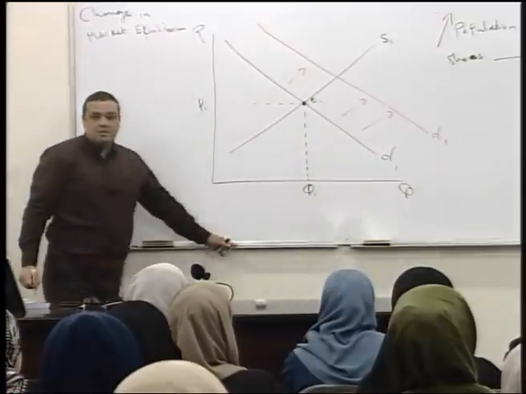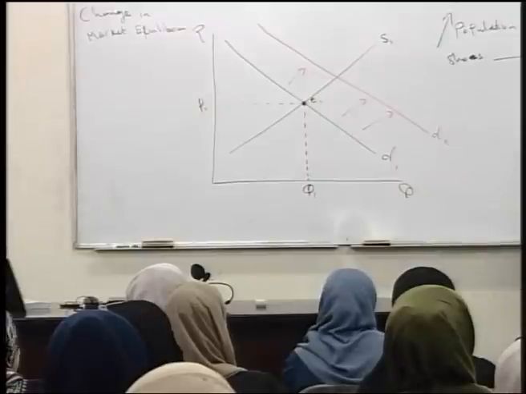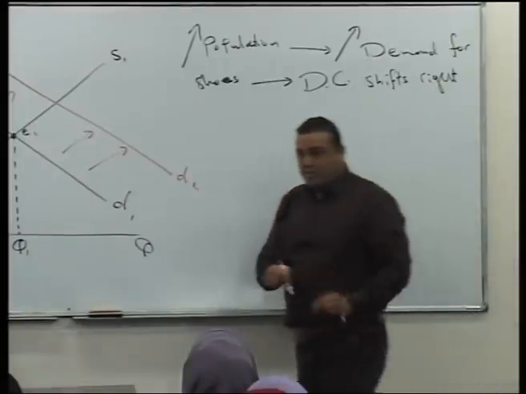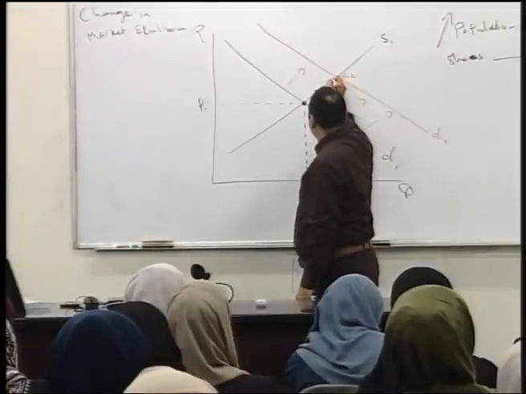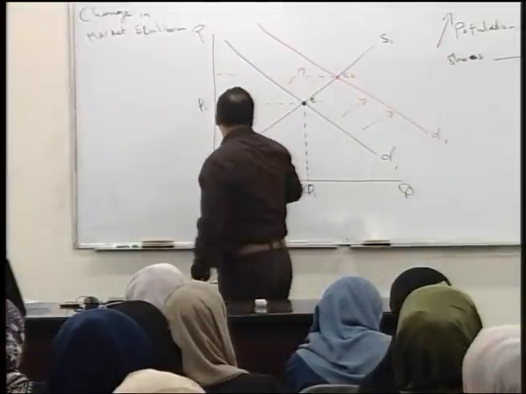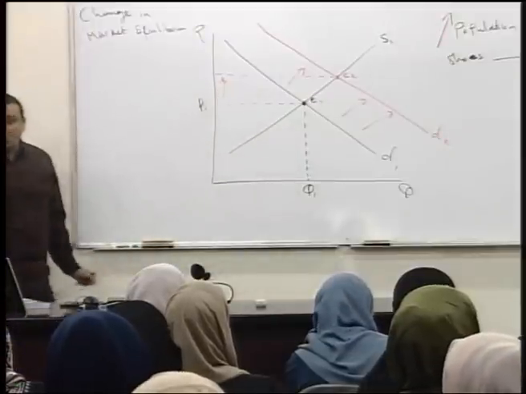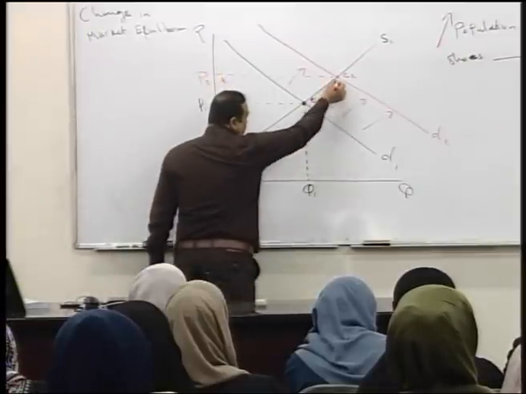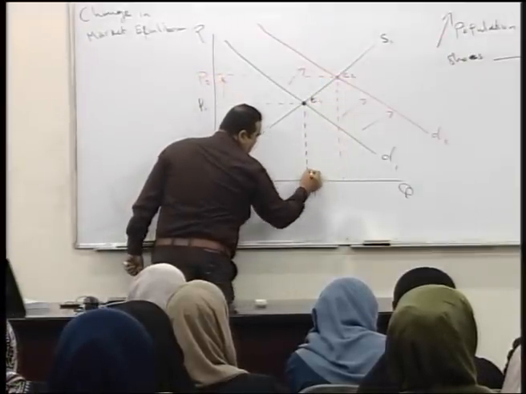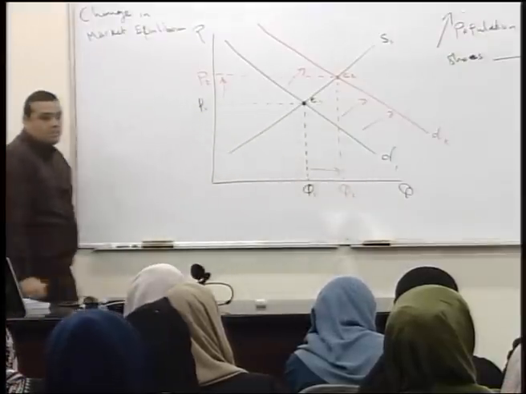What do you see? As demand increases, we have a new equilibrium point in the market, which is E2 here. The price goes up from P1 to P2, and the equilibrium quantity in the market goes up as well.